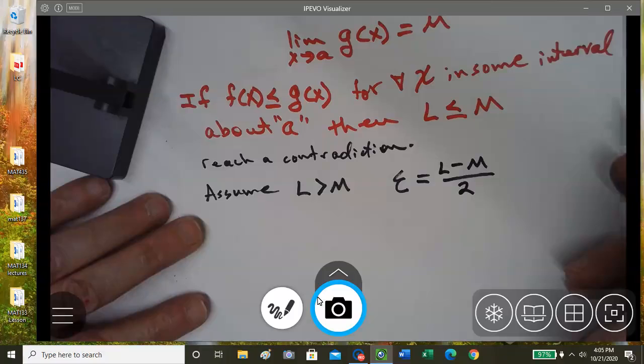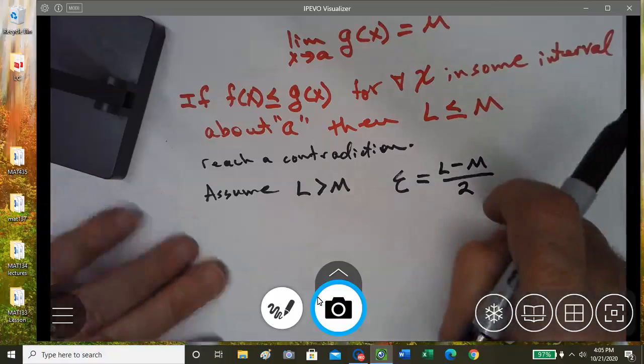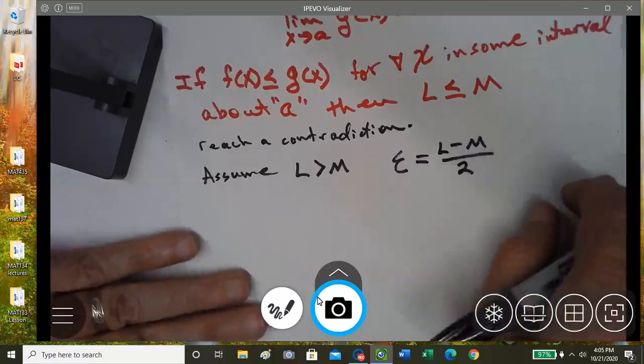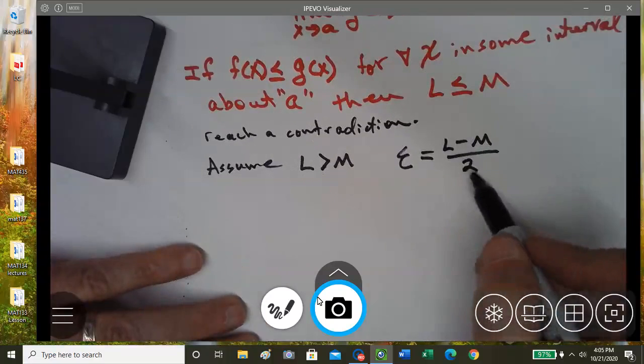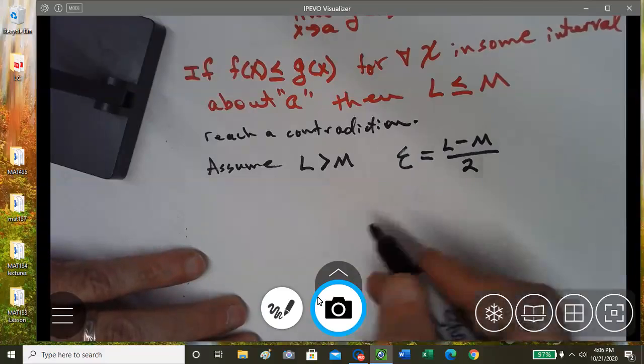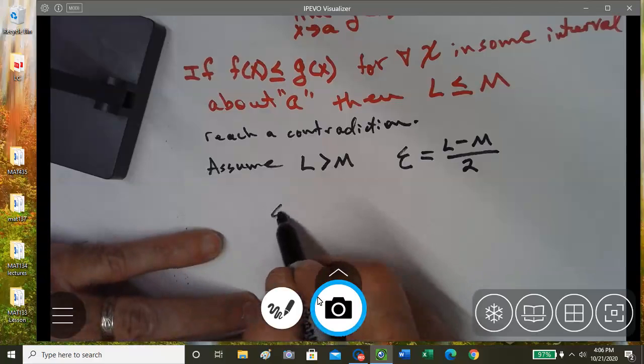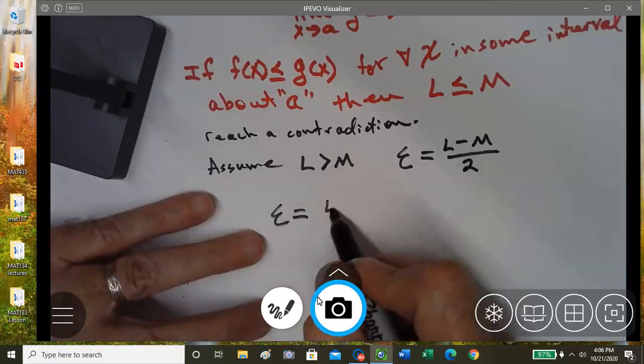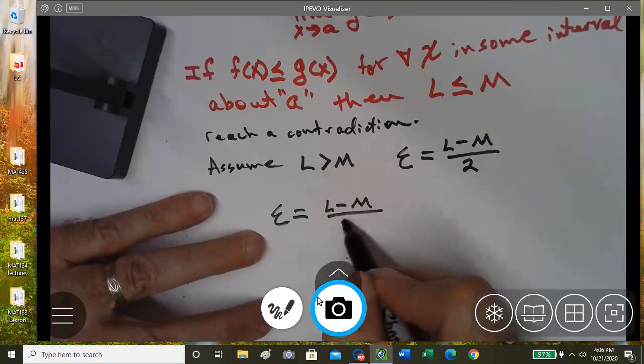So the first thing we're going to do is work with this epsilon equation. Epsilon equals L minus m over 2.